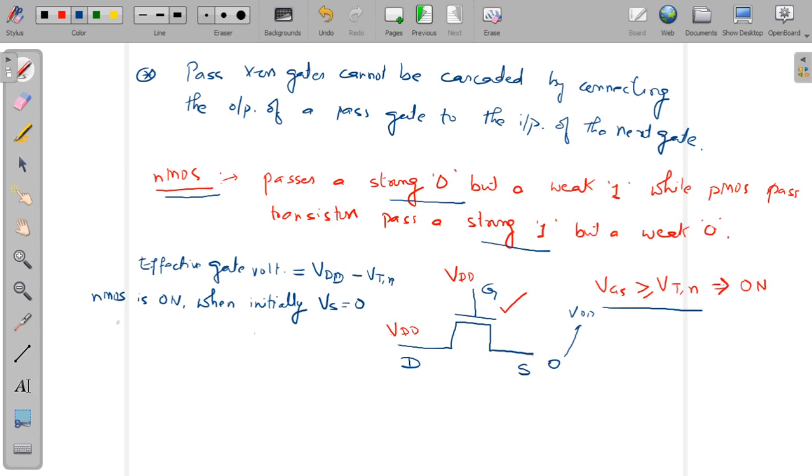Now when the source terminal voltage, that is Vs, reaches VDD minus VTN, because let's say this is the VDD mark, this is the 0 mark, so just below this VDD there would be some value, VDD minus VTN, that is just below by the value of the threshold voltage.